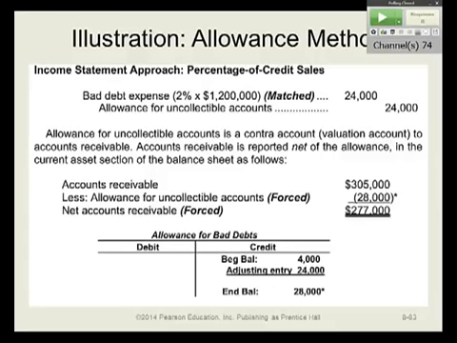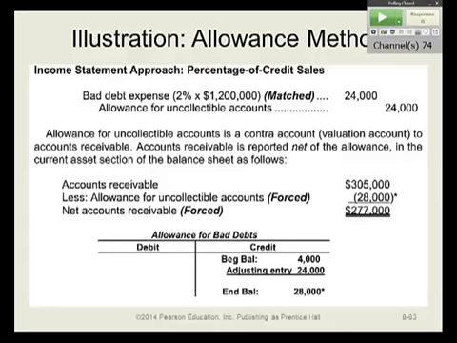The allowance account would then, if you look at the T account, the allowance account now goes to $28,000, and the net realizable value of accounts receivable is $28,000, because if you remember, that accounts receivable had a debit balance of $305,000. So let me again emphasize that when you use percentage of sales, this is the target. The target is to match cost with revenue.